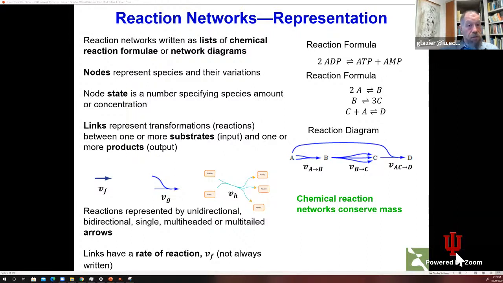We might have needed a smaller amount. That would be a stoichiometric number. There's an old convention for chemistry that you sometimes use multi-tailed arrows or multi-headed arrows to give the number of molecules. That gets pretty awkward if you've got lots of molecules.